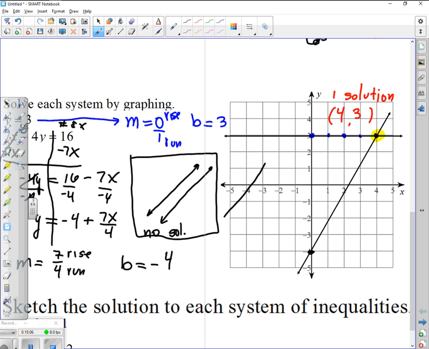One line will look like that, and the other line will be right on top. In this case, the lines have a lot in common, so the answer will be many solutions.